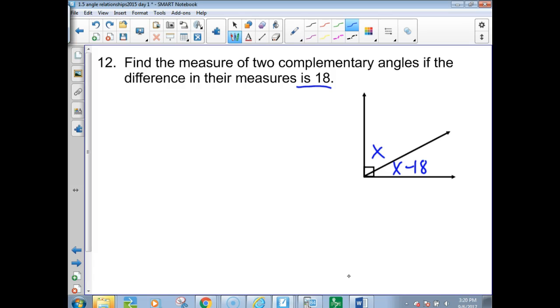This is what you have to learn how to do to write the equation. Now, if they are complementary, then they add up to 90. So we're going to add these up the way we wrote them and set it equal to 90. X plus X is 2x. 2x minus 18 equals 90. Then I had to simplify first.